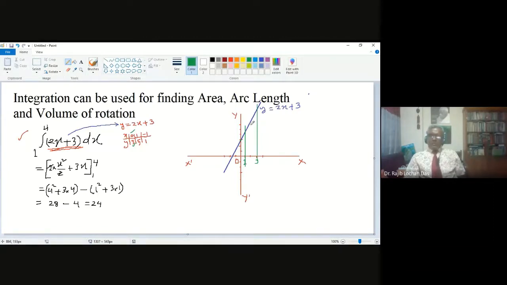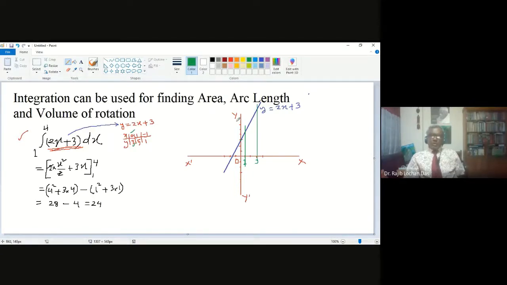One is the graph itself, that is the blue line. One is the x-axis, that is the red color line. One is the left side boundary, that's the lower value of x, and the right side boundary, that is the upper value of x.